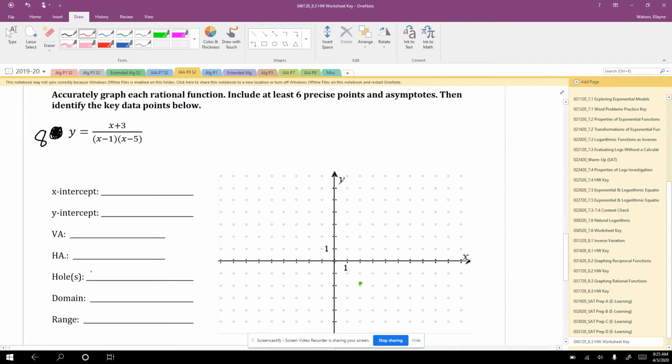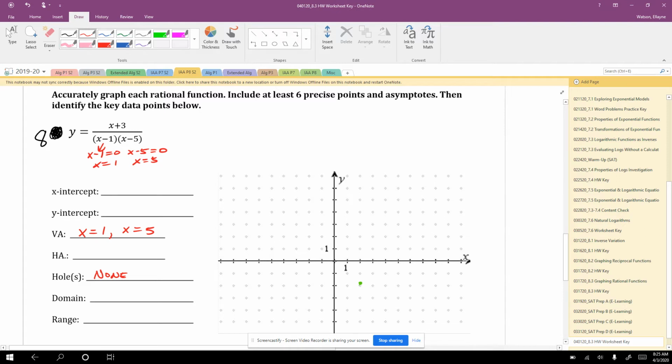Down here I'm going to put holes: none. I do the hole first, and then I look at the asymptote. To find the vertical asymptote, I set the denominator equal to 0, and you get 1 and 5. So your vertical asymptotes are at x equals 1 and x equals 5.